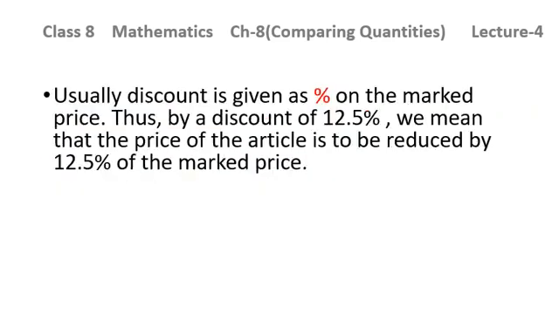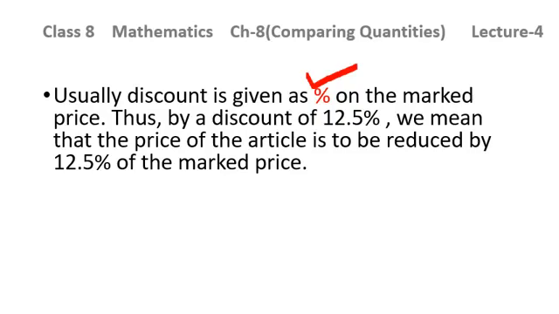Now let us see a few more points about discount. Usually discount is given as a percentage. You must have seen that it is always written: discount up to 50%, discount up to 25%, discount up to 15%. So usually discount is given as a percentage on the marked price.